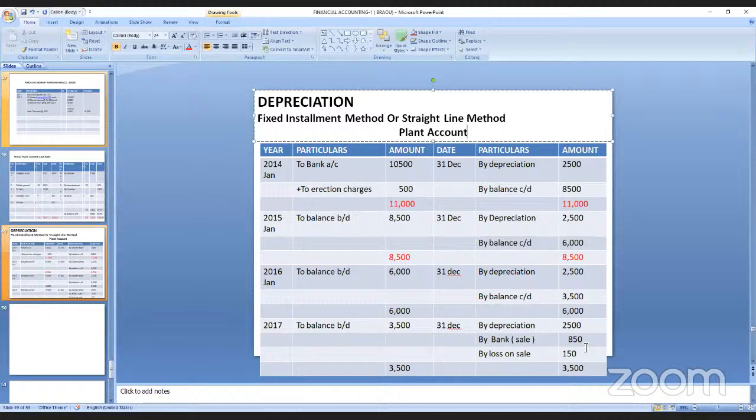Take down fast. Here, look at 10.5: distinction among provision, reserves and fund. Look at the differences in 10.5.